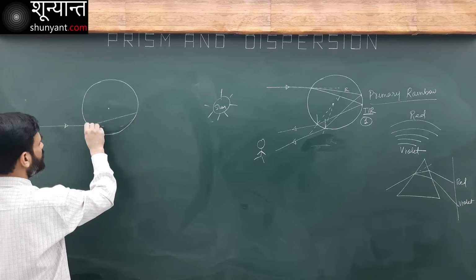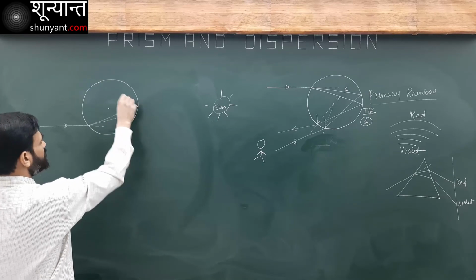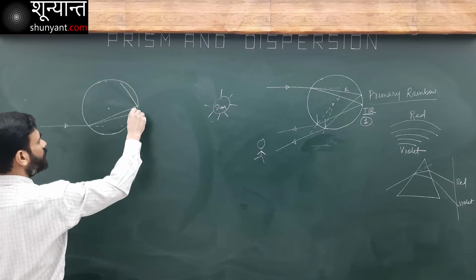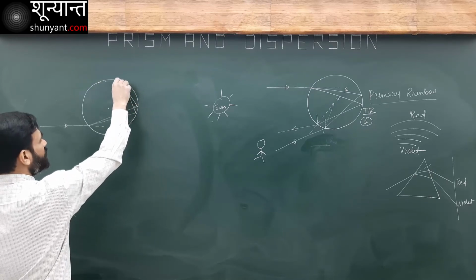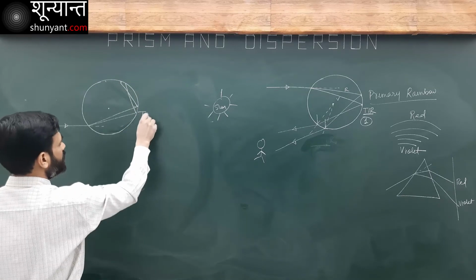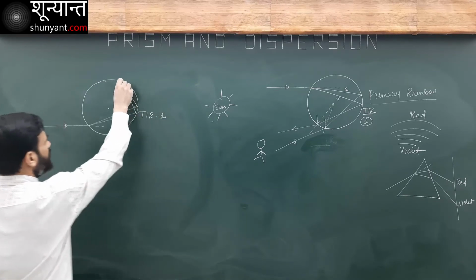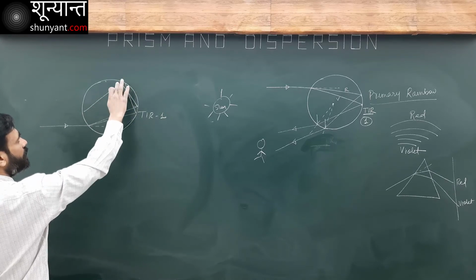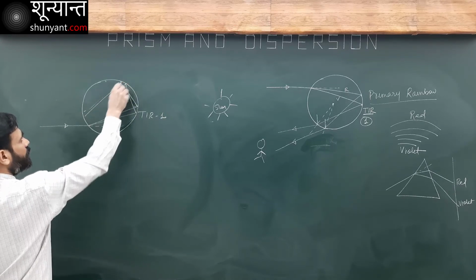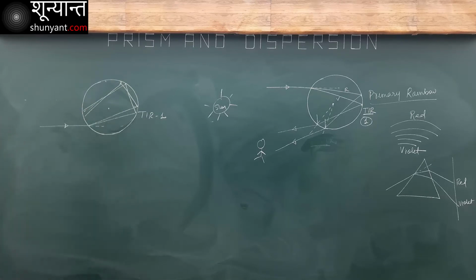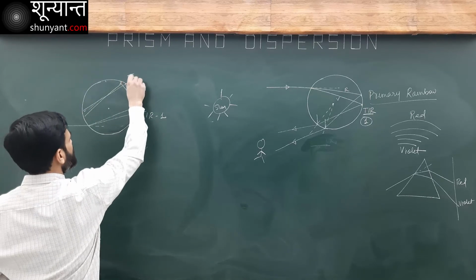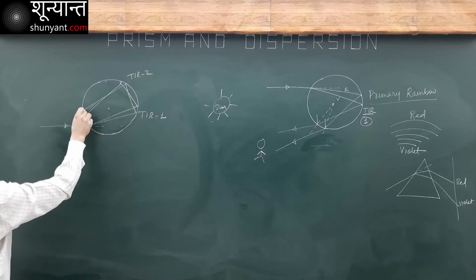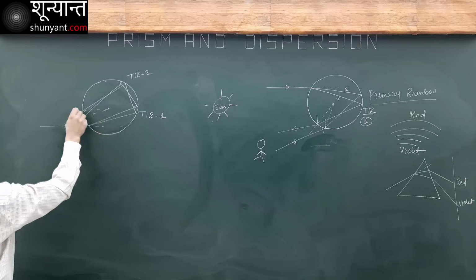It undergoes internal reflection. This is the first internal reflection. Again they undergo reflection, first time, then they undergo reflection second time, and then they come out finally.